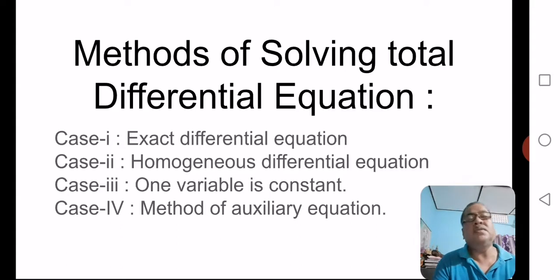Now the fourth method is the method of auxiliary equation. That means if all these three methods are not found convenient, that means we cannot solve the differential equation with the help of the exact differential equation, or the homogeneous differential equation, and the one variable method has also failed, then if we compare the original equation and the condition of integrability, we get simultaneous equations like this: dx divided by the coefficient of p, which we got already, del q by del z minus del r by del y, which is equal to dy divided by the coefficient of q, is equal to dz divided by the coefficient of r.